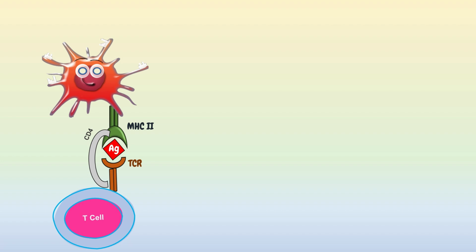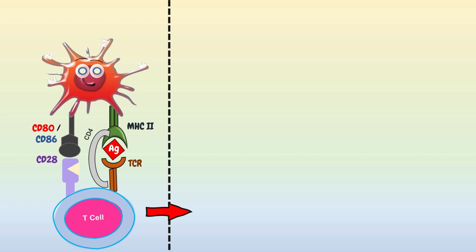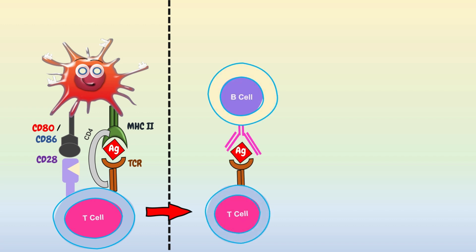Another interaction is when CD80 and CD86 bind CD28. Now, upregulation of inducible co-stimulator occurs, and the B cell interacts with the T cell through the antigen receptor, presenting antigen to the T cell through the T cell receptor.